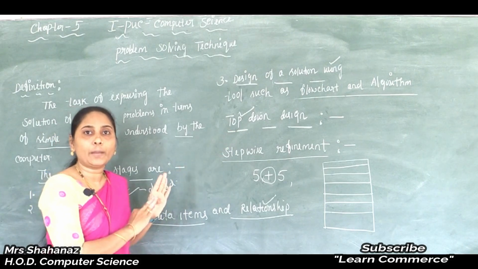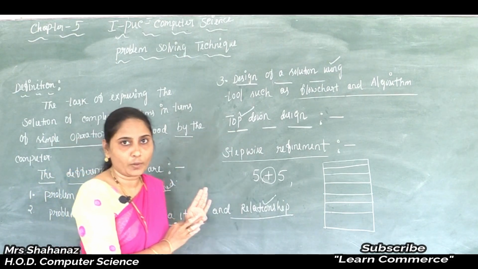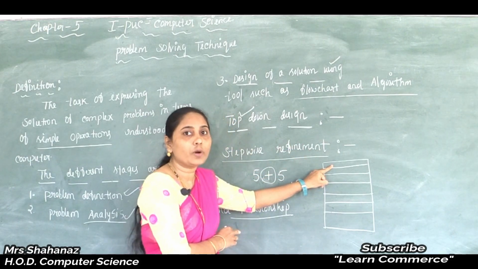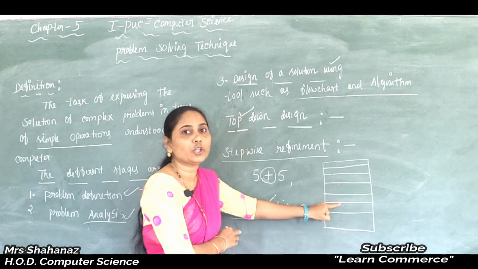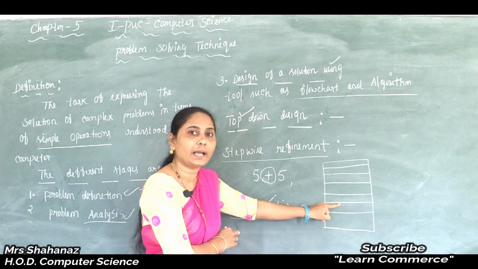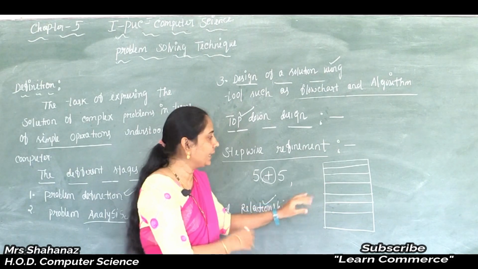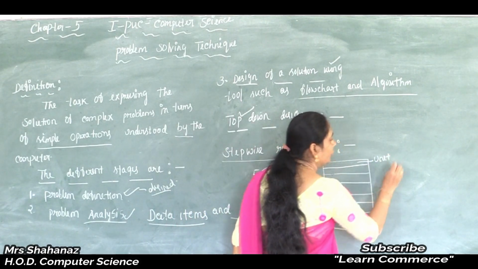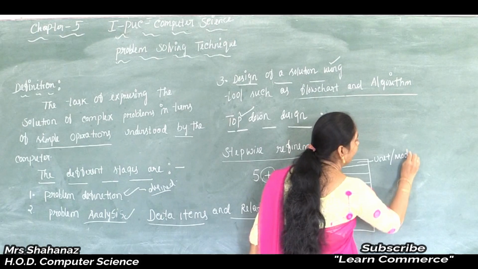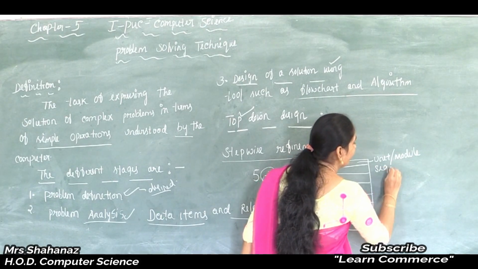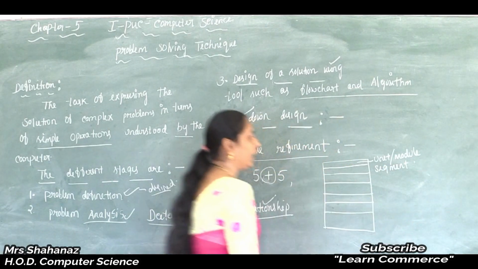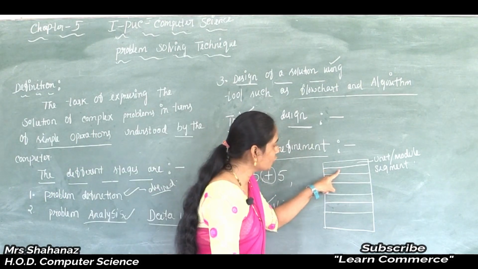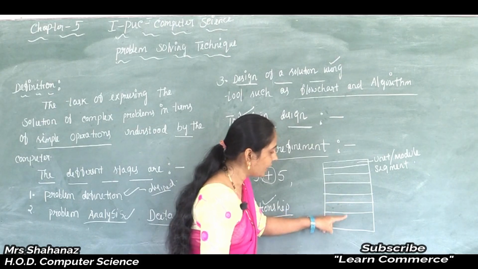So the approach of dividing a problem into sub problems, then dividing the sub problems further until, for the solution of the computer, we get the correct result. Now this unit is called the unit module or segment. Here I have divided some parts: 1, 2, 3, 4, 5, 6, 7.